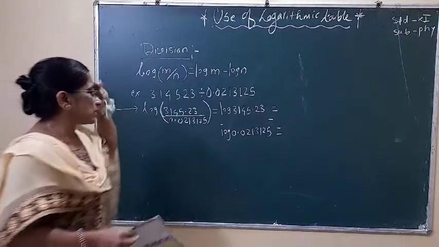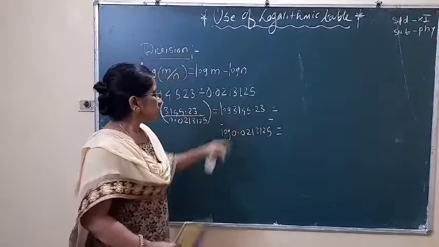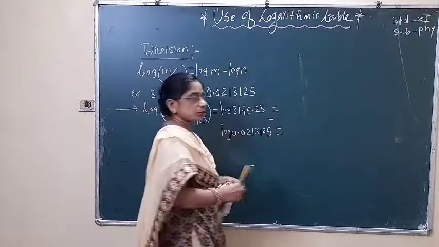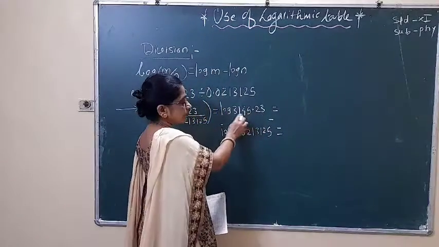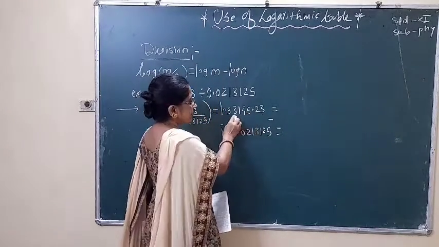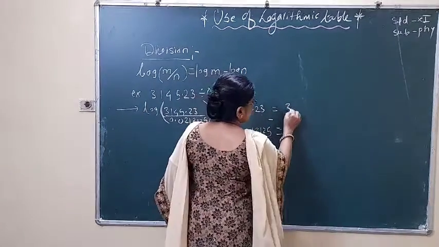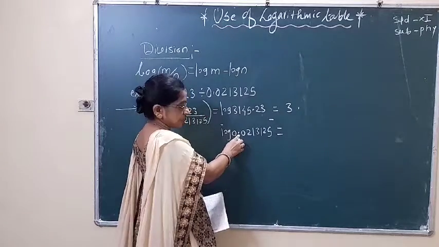Take the log table in your hand. First write down the characteristic. This number is greater than 1. The integral part shows this number is greater than 1. Measure the number of digits in the integral part and subtract 1 from it: 1, 2, 3, 4. The characteristic here is 3. Here the number is less than 1.